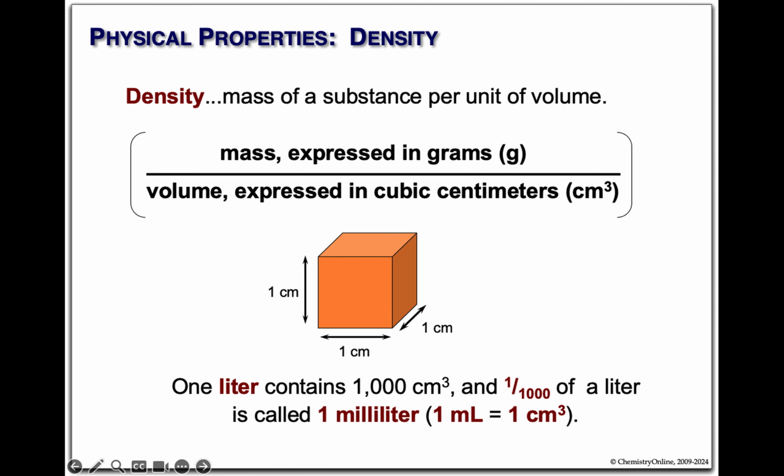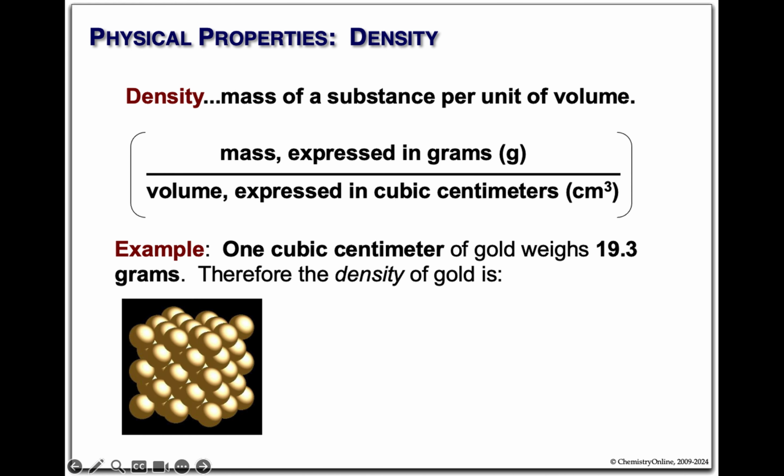Okay, let's say that we had gold. We had exactly 1 cubic centimeter of gold. We took it and we weighed it. It would be 19.3 grams. The density of gold, its mass divided by its volume. 1 cubic centimeter is the volume.